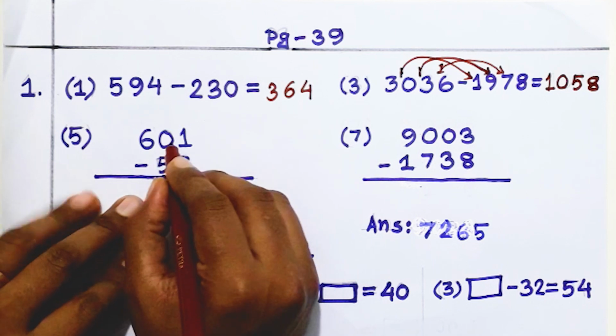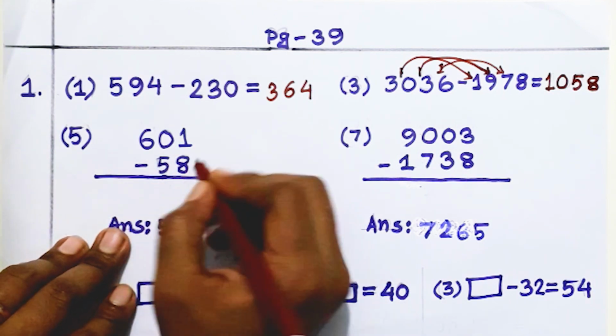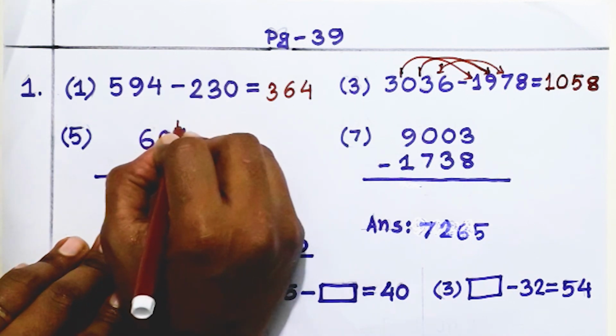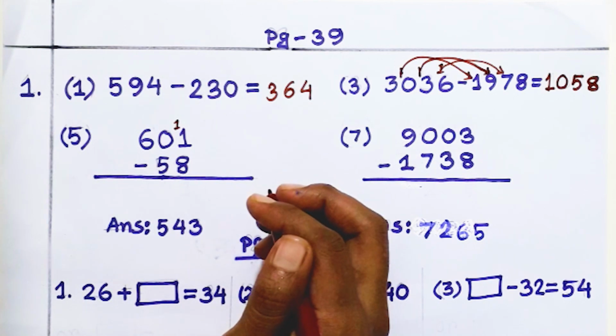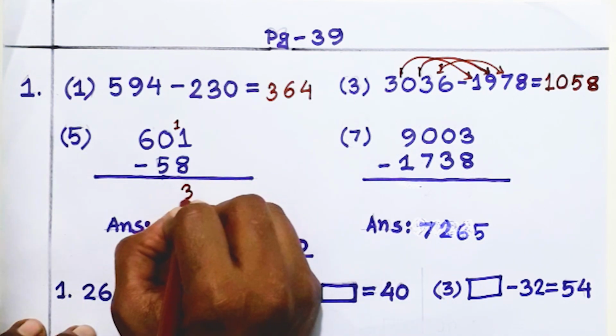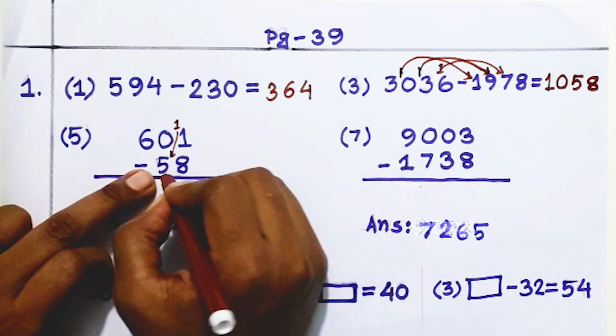Now question number 5. Here is 1 and here is 8. So we will count here another 1, then it will make 11. Then 11 subtracted 8 is equal to 3. This one goes to here and adds with 5.